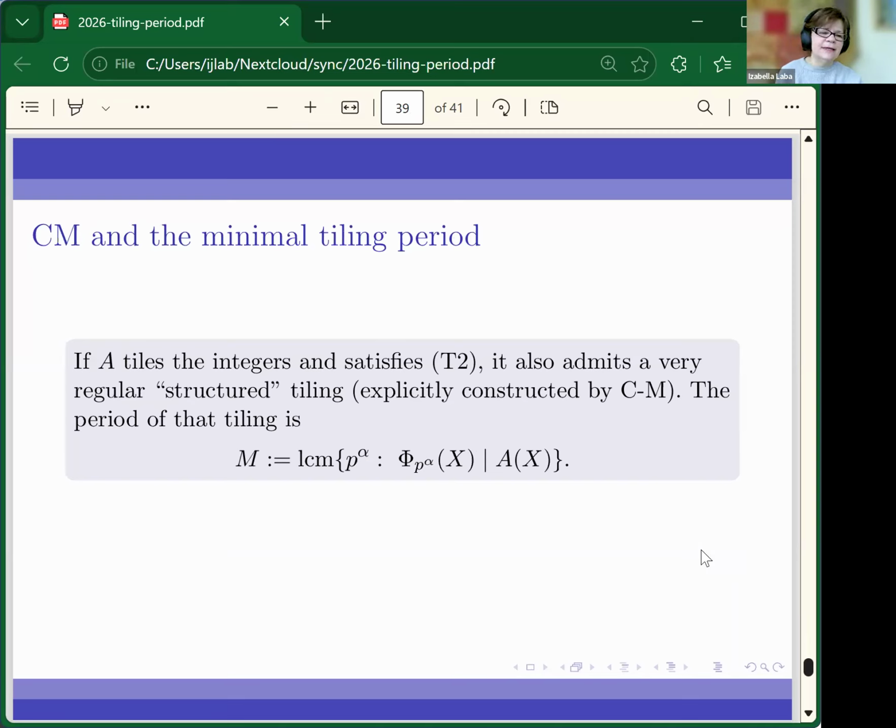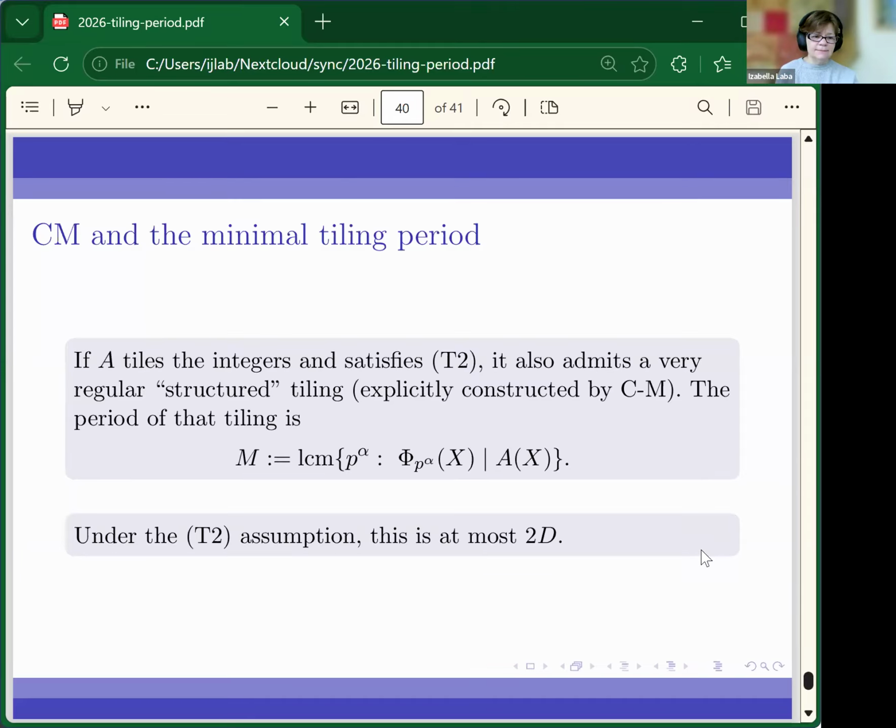In one direction, if A tiles the integers and satisfies those conditions, then it also admits a very regular, structured tiling that was explicitly constructed by Coven and Meyerowitz. And then the period of that tiling can be computed explicitly.